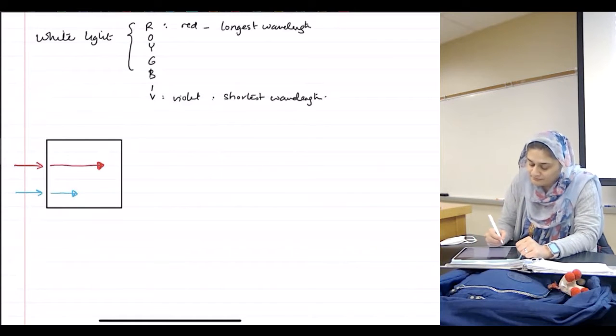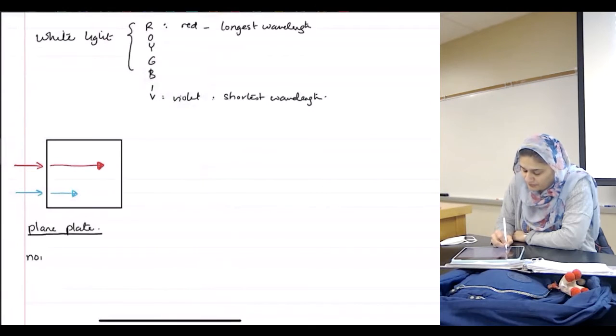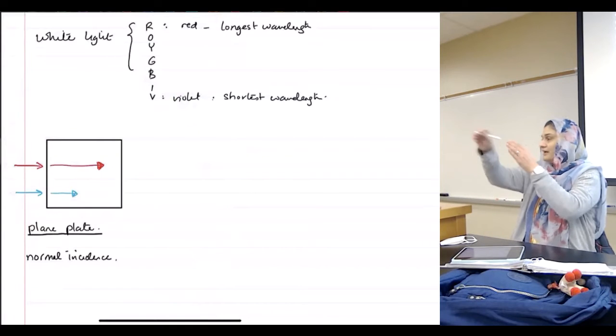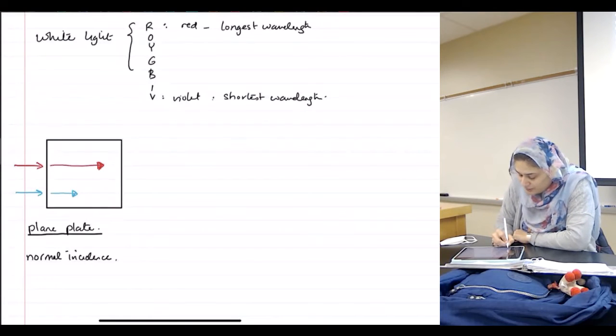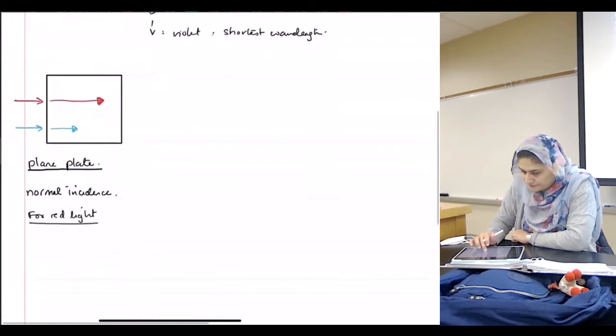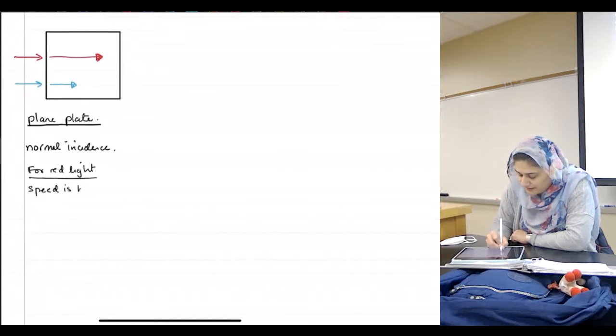So that is for our plane plate, for normal incidence, that means hitting straight on a plane surface. For red light, velocity or speed is higher, refractive index is lower, and lambda is larger.